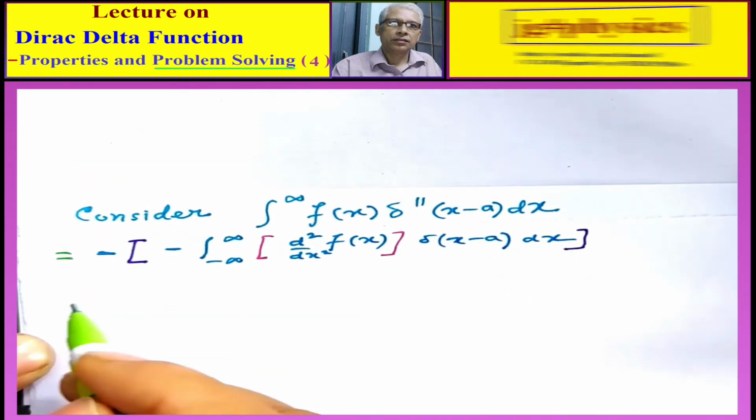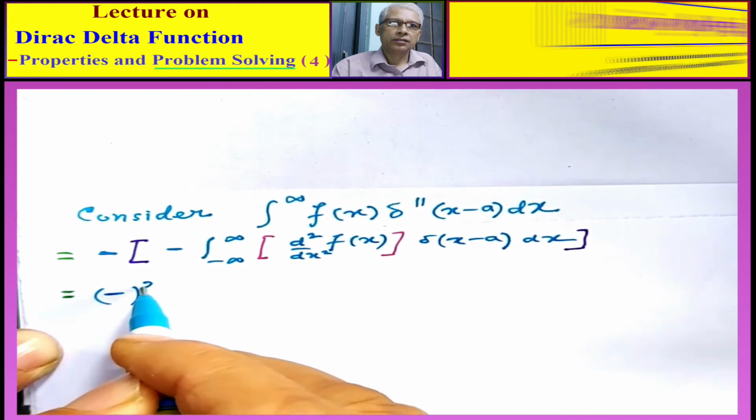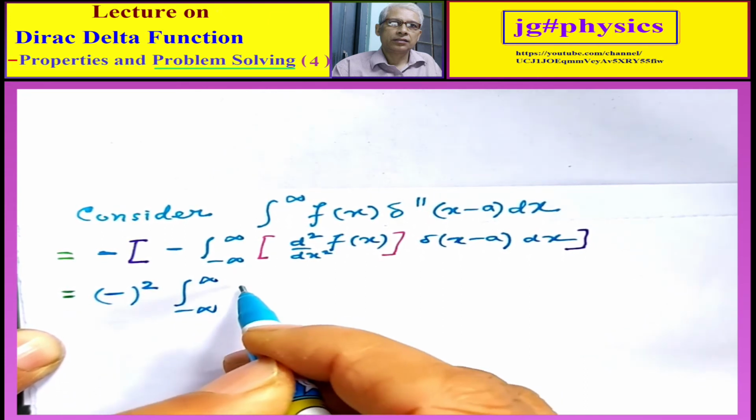So we have two minus signs, which can be written as minus raised to the power 2, which is actually plus.